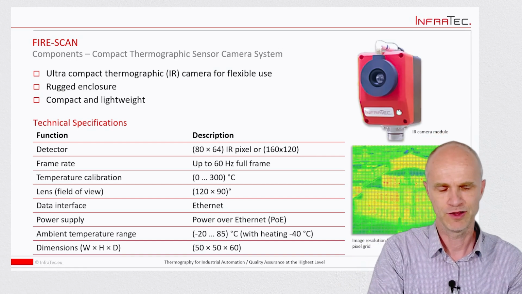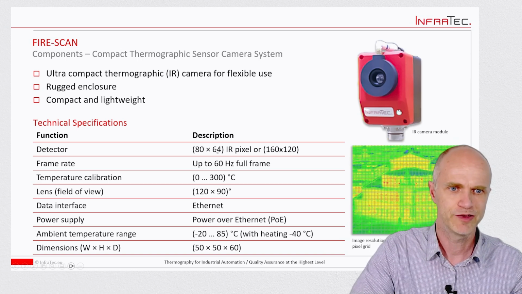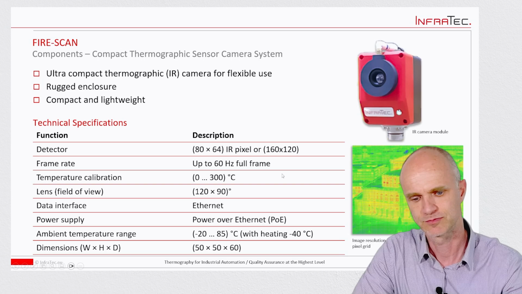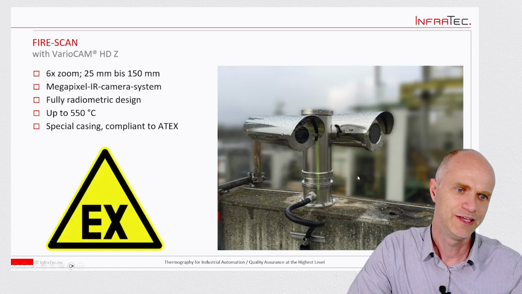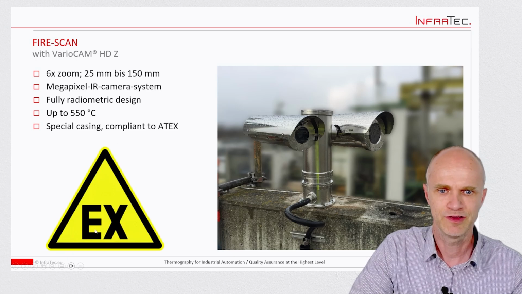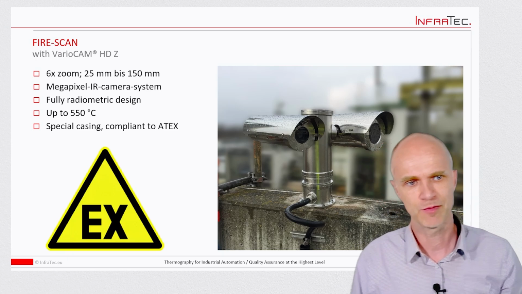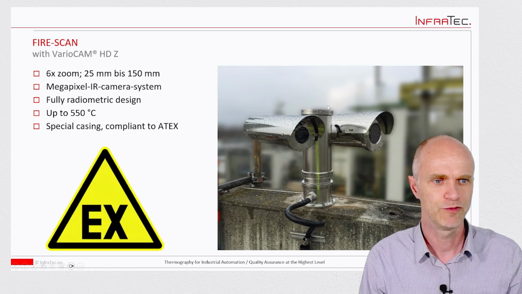If the area in a shelf is very narrow, we use just 80 by 64 pixels, or in newer applications, 160 by 120 pixels. Another example: if the area needs an ATEX certification, for example in chemical plants or LNG terminals, we have a special housing available, also with pan-tilt head operation.